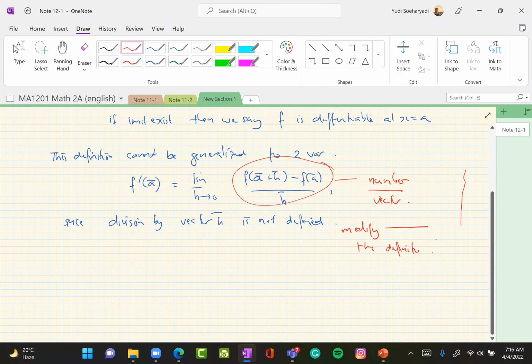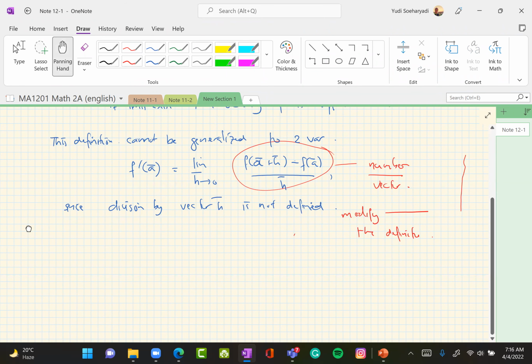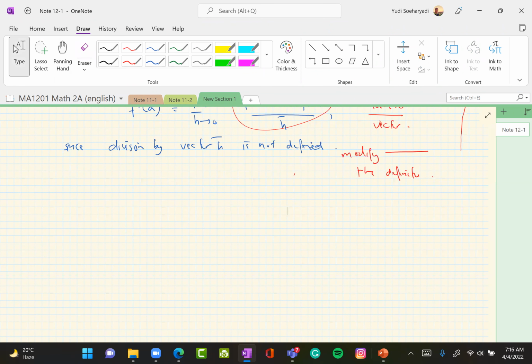So the question is how we would modify the definition. Okay, so let's modify this. What does it mean in one variable again?